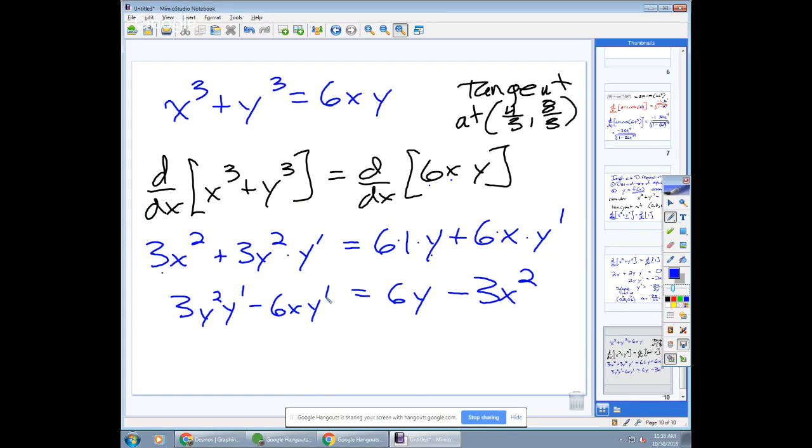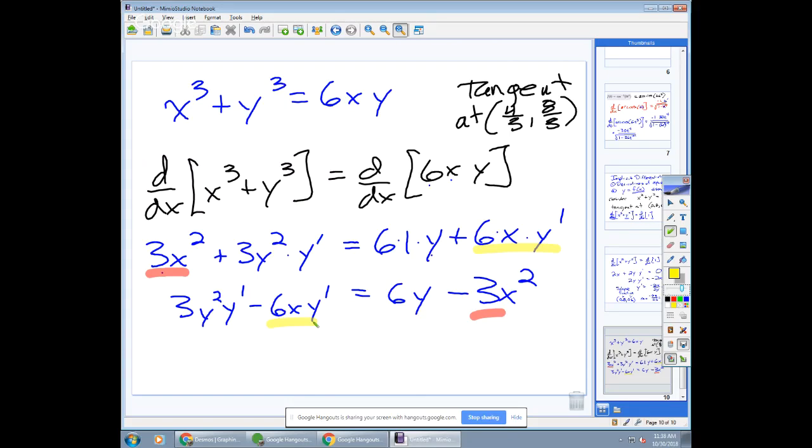Feel free to do more than one step. I apologize for skipping a step there, but you should end up with that eventually. So I had to subtract the 3x squared to the right, and I had to subtract the 6xy prime to the left.